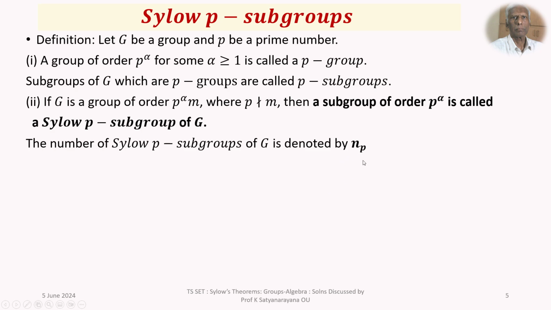So np denotes the number of Sylow p subgroups of G.